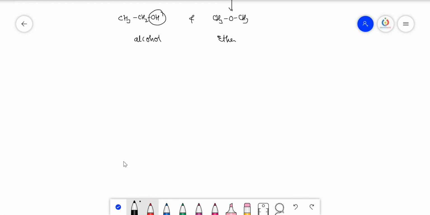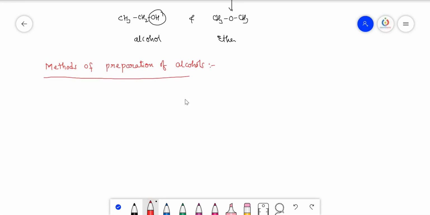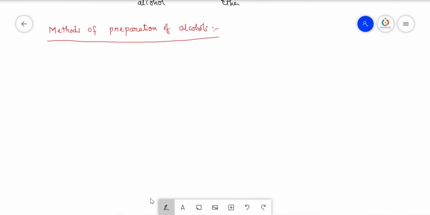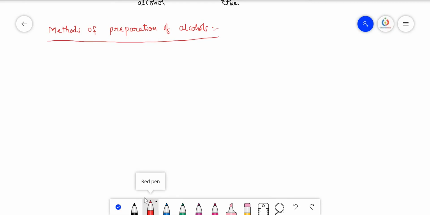So now let's come to our main concept, that is methods of preparation of alcohols. Let us check how to prepare alcohols by different methods.